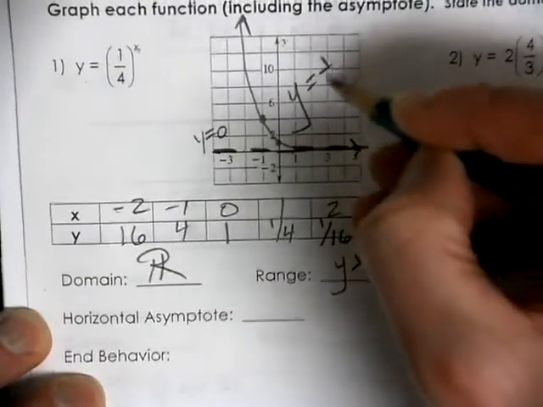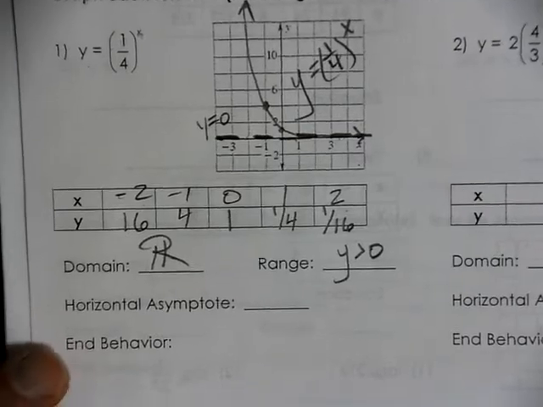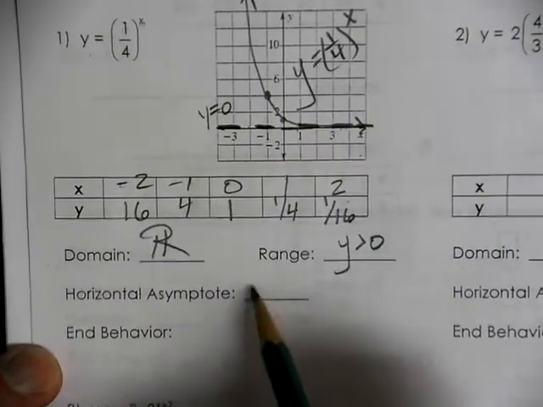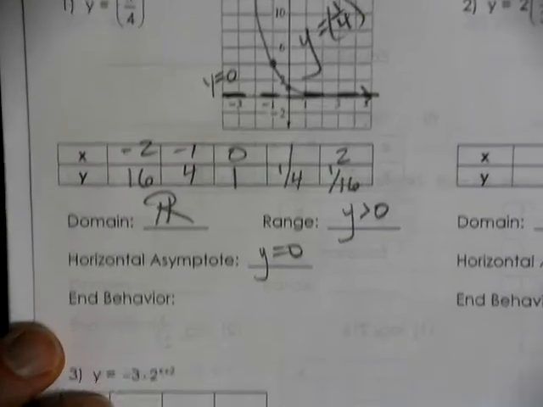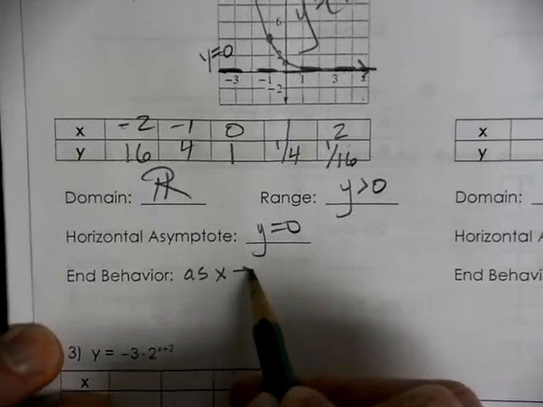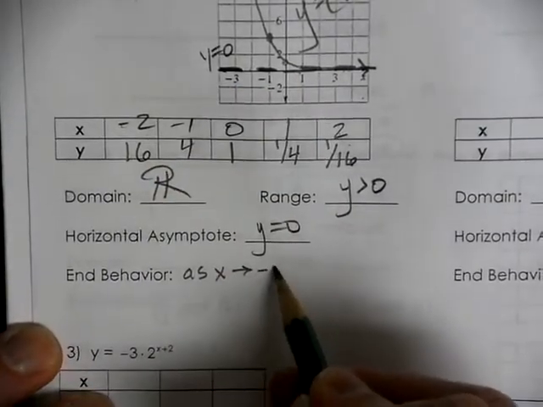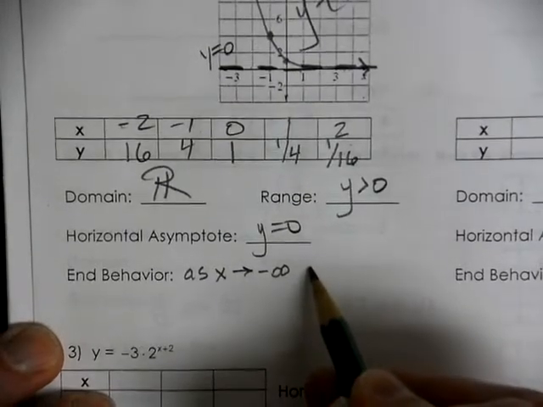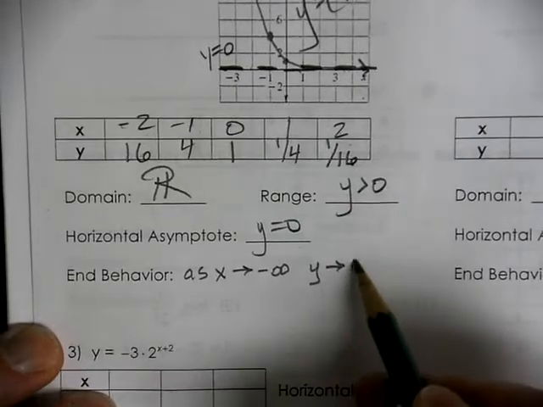When you graph these out, you like to write in your equation. The horizontal asymptote, we've decided that that was y equals 0. And your end behavior. As x approaches the left, as x gets smaller, the y value is getting bigger.